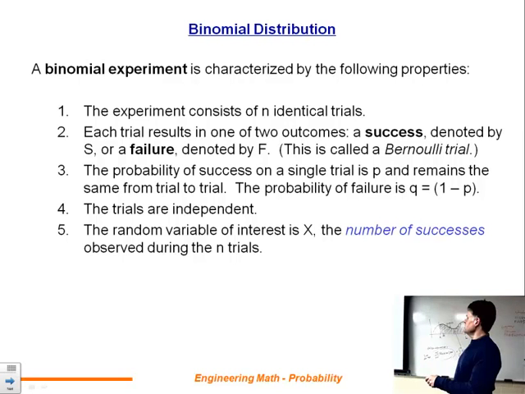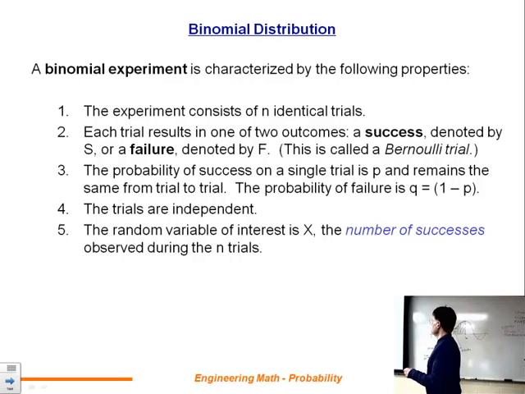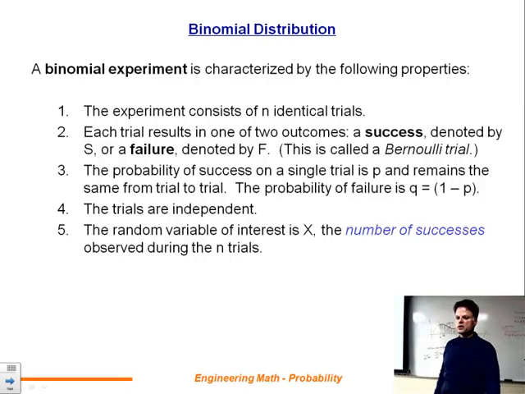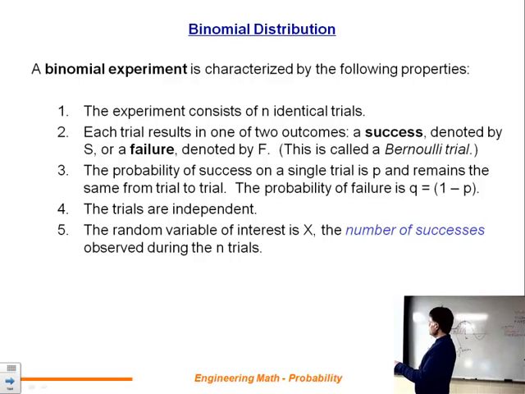Each trial results in two possible outcomes, say success, denoted by S, or failure, denoted by F. This is called a Bernoulli trial. So a trial that has two outcomes, and we just arbitrarily label them success or failure, but we can label them other things. We call it a Bernoulli trial. A binomial experiment is n identical Bernoulli trials.